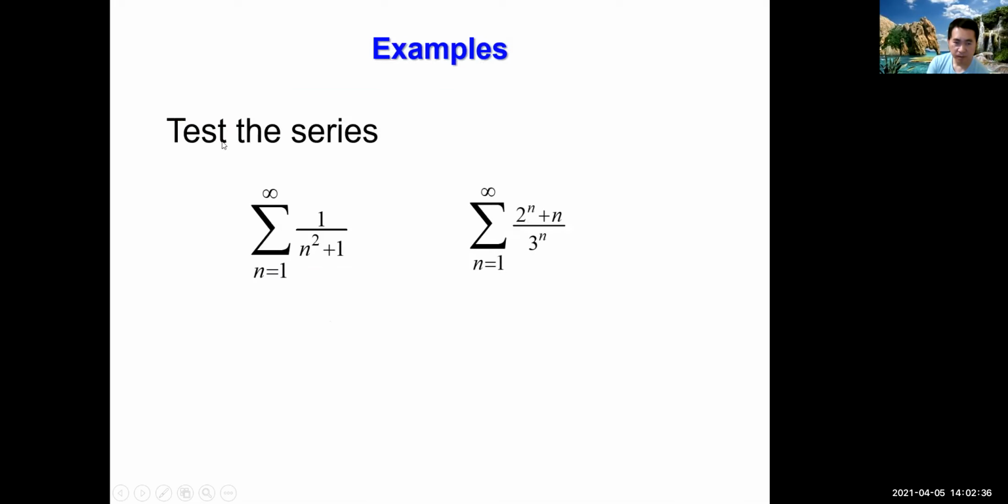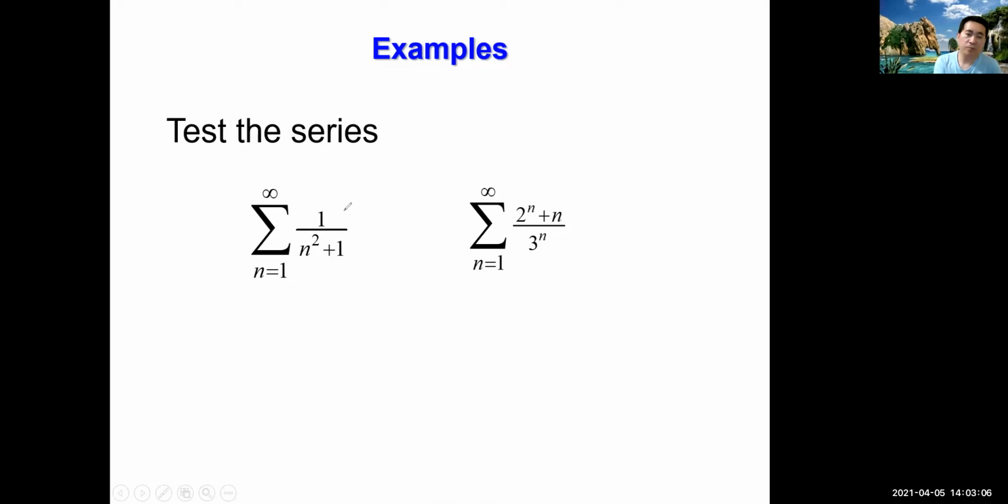For example, let's test the series here, 1 over n squared plus 1, n from 1 to infinity. We have a series, right? We want to know the answer. And to do that, we're going to compare that series to a known series. Right, so how do we come up with the series to compare with?